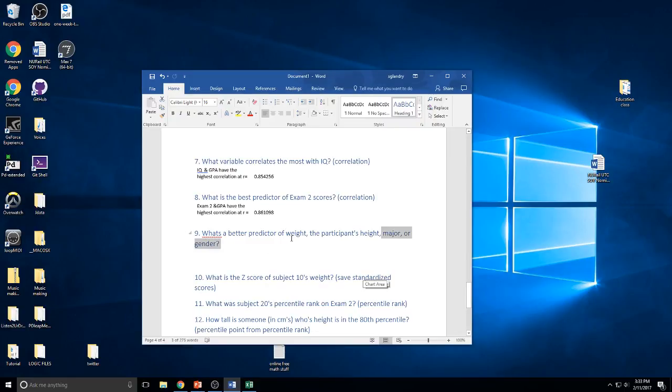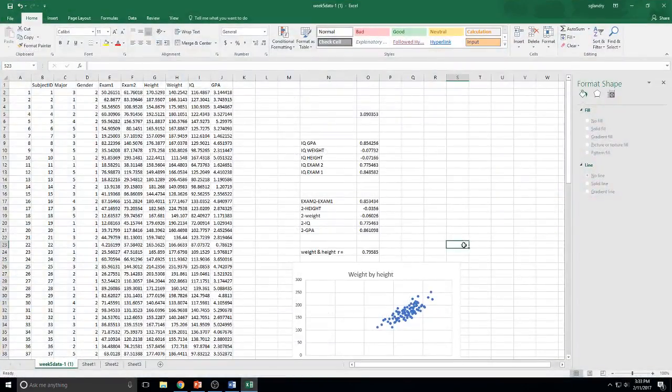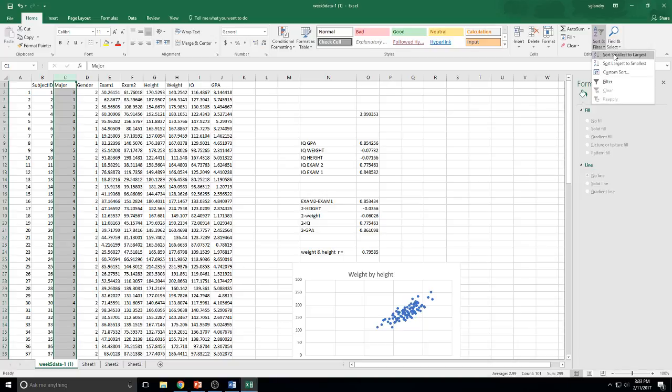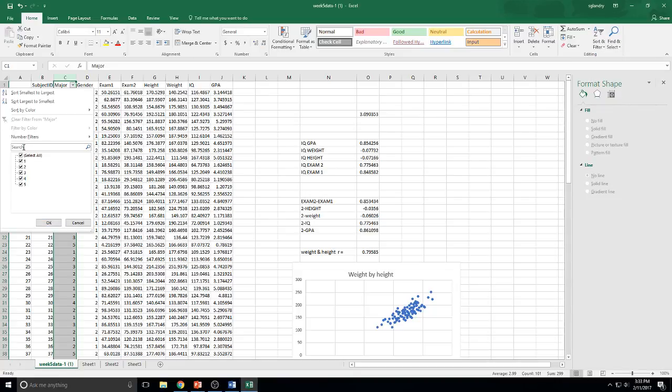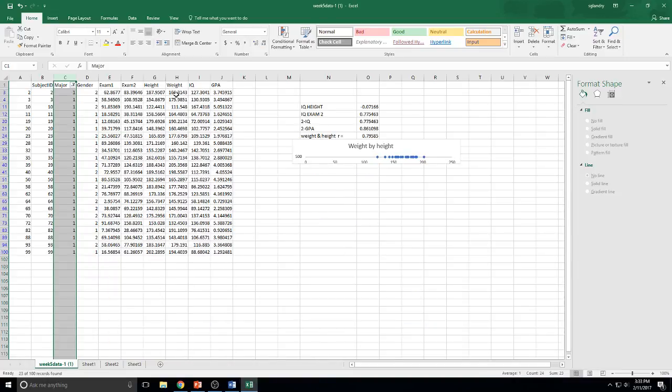The average weight by major and gender. So let's sort by major because that's going to be the hard one first. Filter. Weight. It's the average weight.